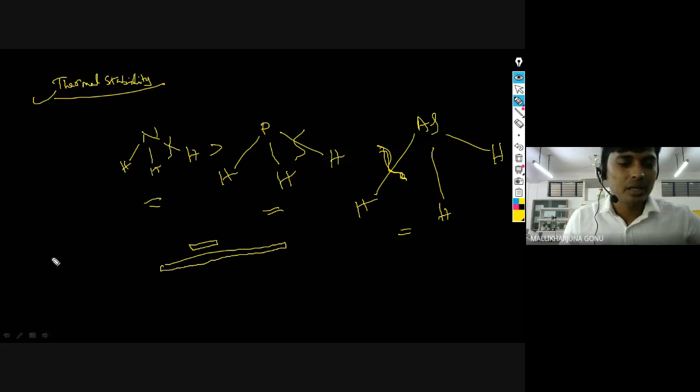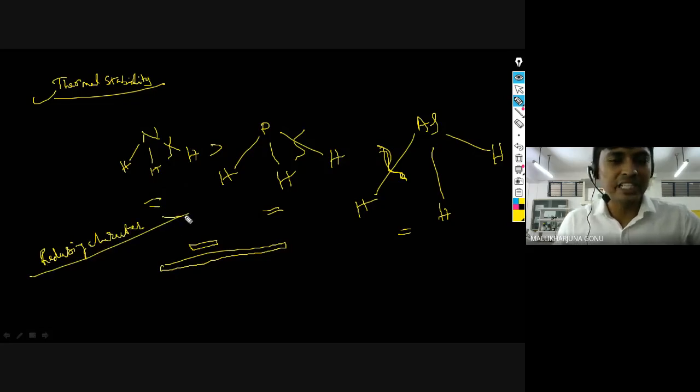Now we will see about the reducing character, which is very, very important. What happened to the reducing character? What does reducing agent mean? Vidisha, what does reducing agent mean? Aishwarya, what does reducing agent mean? Pooja, you also can tell. Anybody can tell. What is the meaning of reducing character?